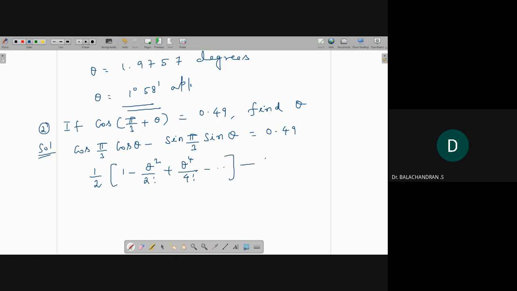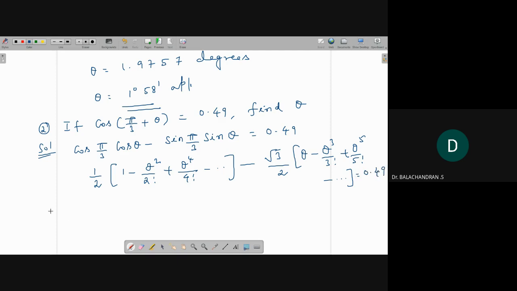Sin pi by 3 is root 3 by 2, into the sin theta expansion: theta minus theta cube divided by 3 factorial plus theta power 5 by 5 factorial, and so on, which is equal to 0.49.